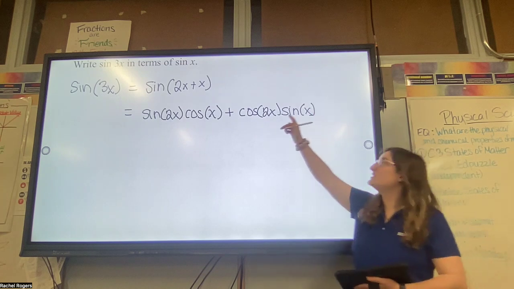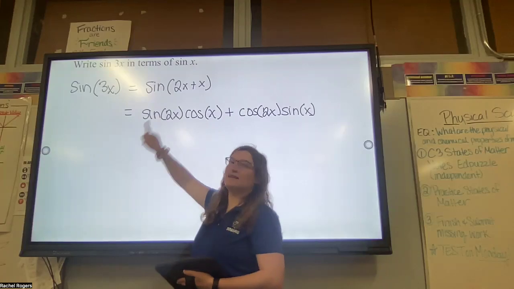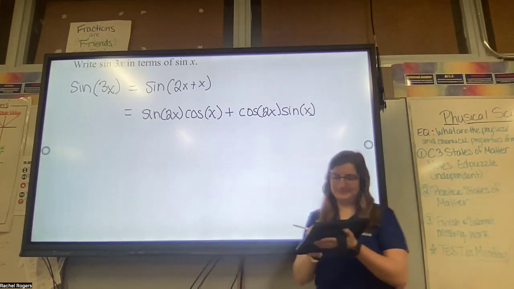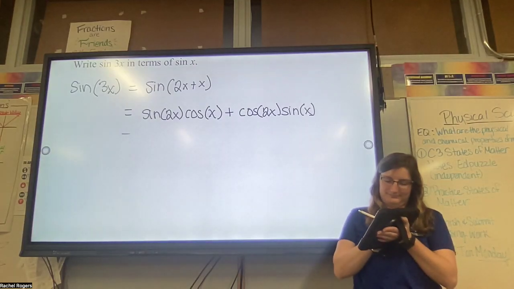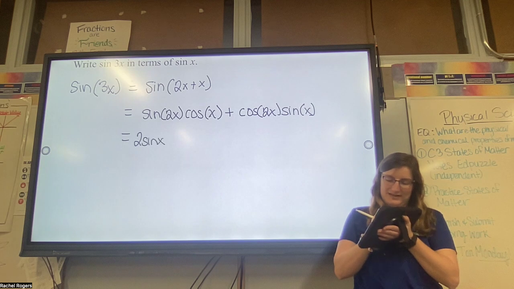And now we need to split and deal with the 2x's. What else is equivalent to sine of 2x? 2 sine a times cosine a. 2 sine times cosine, and then times another cosine.